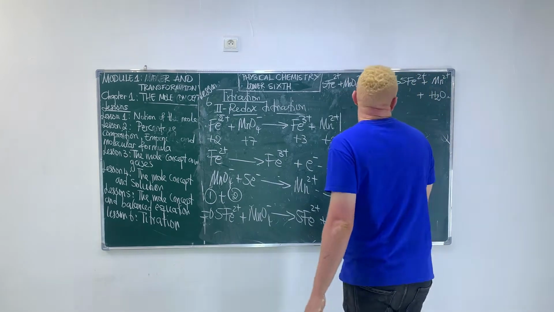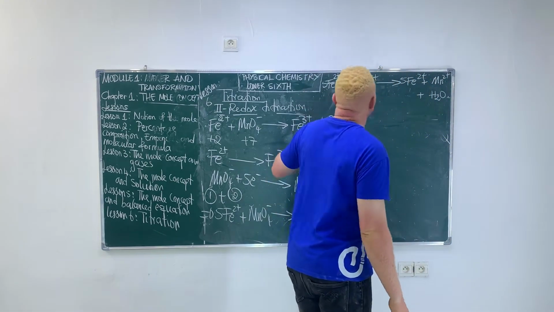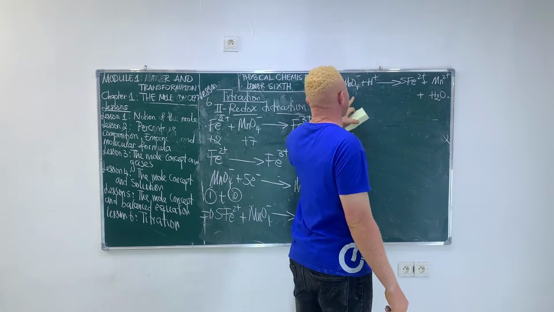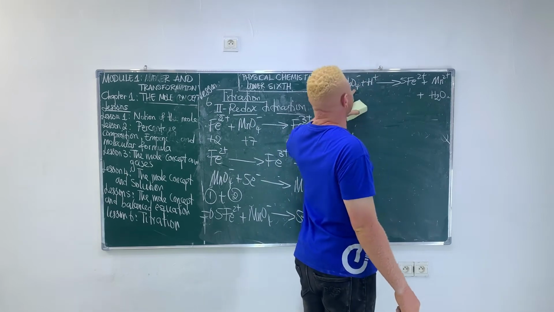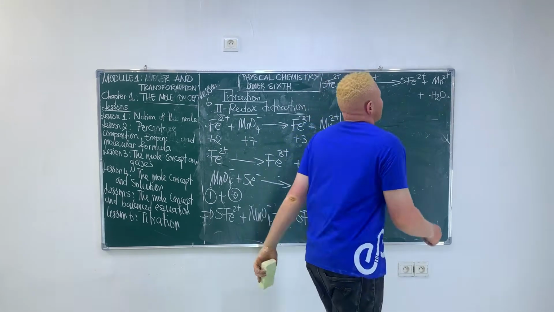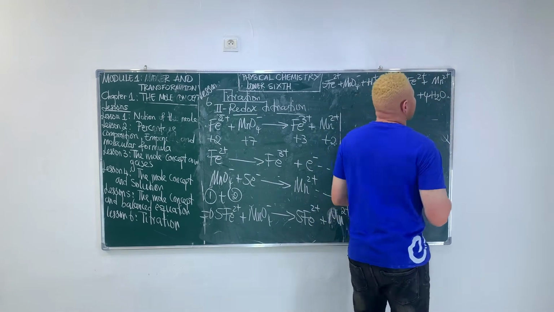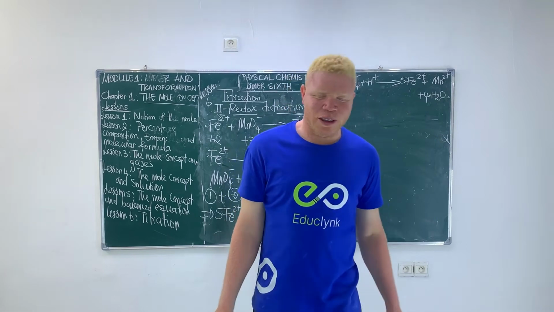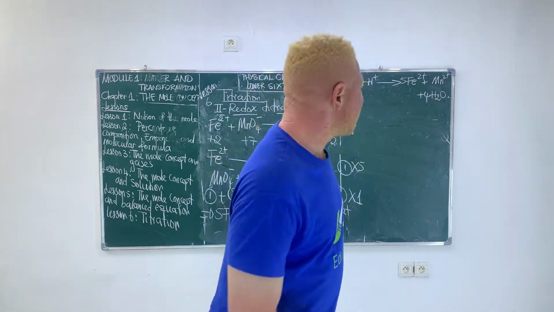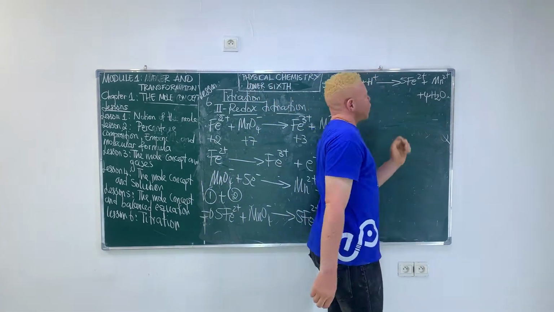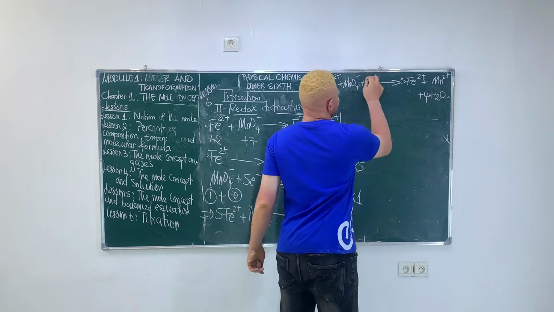So we realize that the number of oxygen here is 4, and the number of oxygen here is just 1. By putting 4 there, the number of hydrogen climbs to 8, because 4 times 2 is 8.